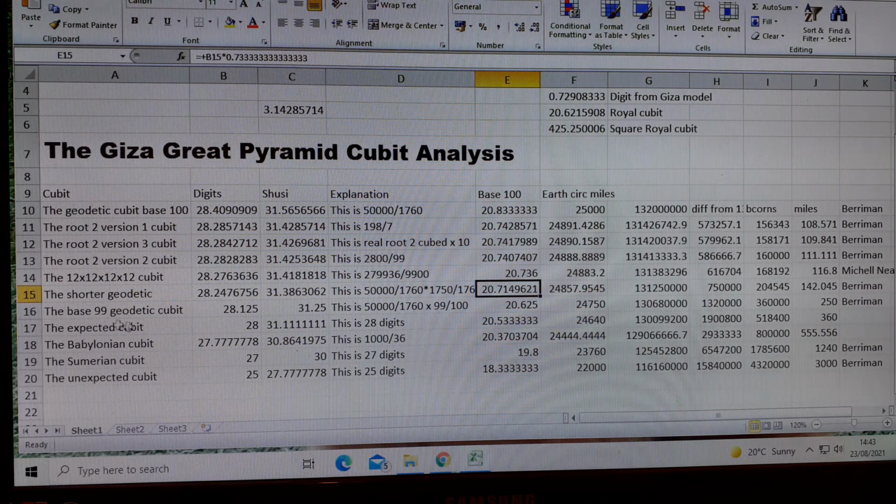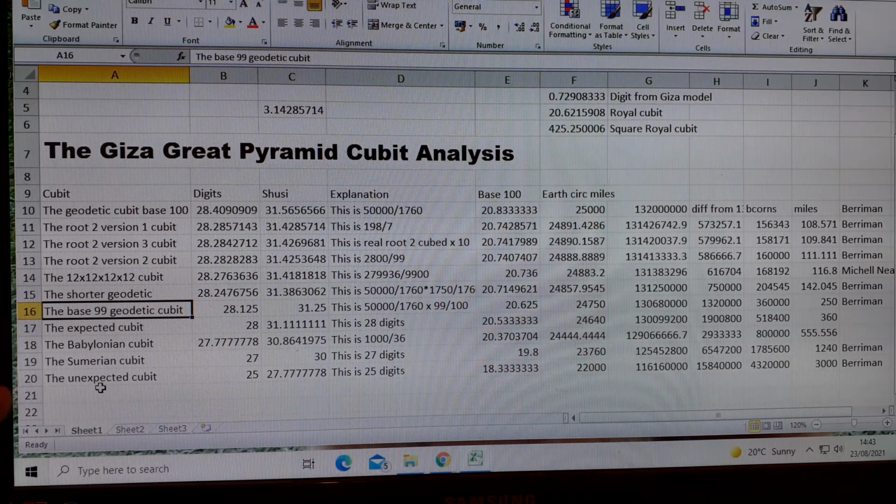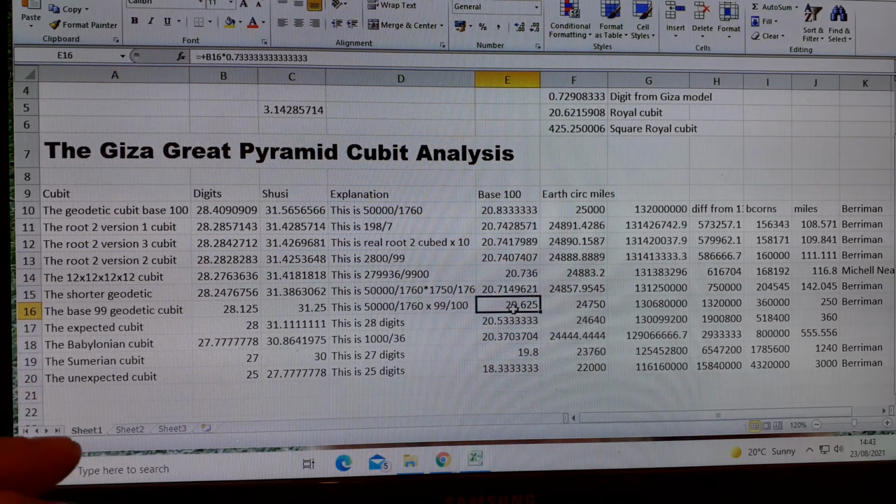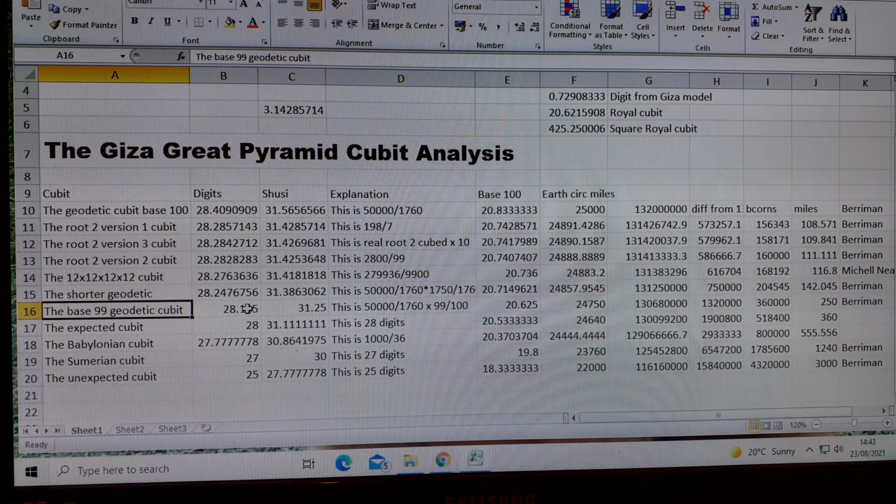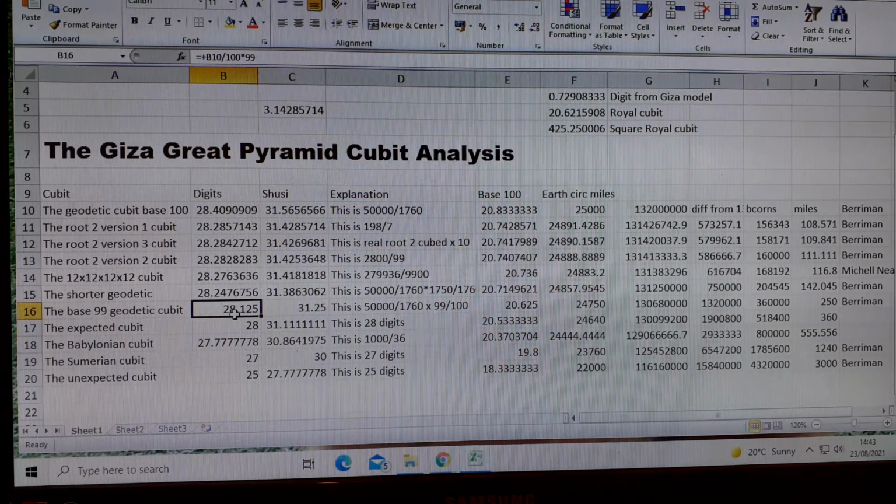And the next one is even more stunning, because this is the base 99 geodetic cubit, which has given us 20.625. And look what's happening here. I got this number from Rods. Rods was using this for a long time, and I started playing around with it because I just wondered why it kept cropping up all the time in her calculations. And look at what it's given us as a Shusi.